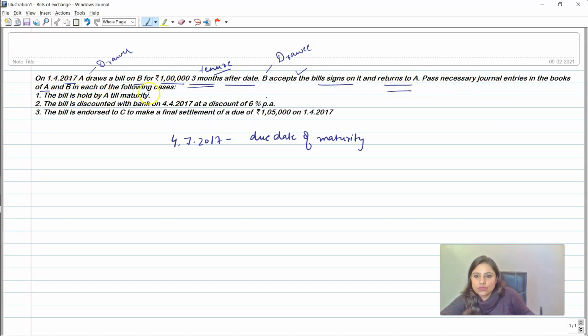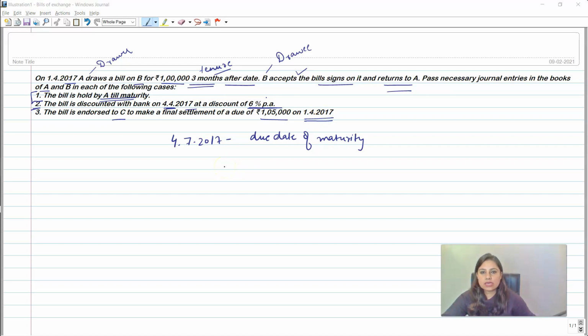First, the bill is held by A till maturity. Second, the bill is discounted with the bank on 4th of April 2017 at a discount of 6% per annum. Third, the bill has been endorsed to C to make a final settlement of a due of rupees 1,05,000 on 1st of April 2017.